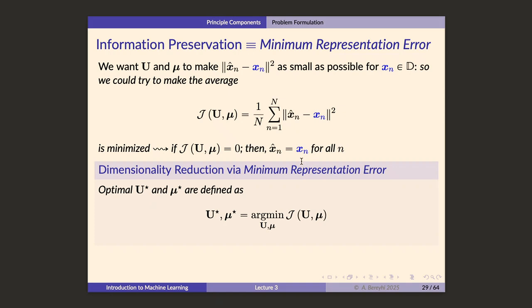Okay? Now, if we wanted to do this in a classic form, we would just compute the gradient, set it to 0, and then everything would be over. But I'm not doing this because for this simple problem, we can do it more easily. We are going to do that later when we get to supervised learning, because there is no simple behavior anymore, so you cannot compute the optimal U and mu analytically.